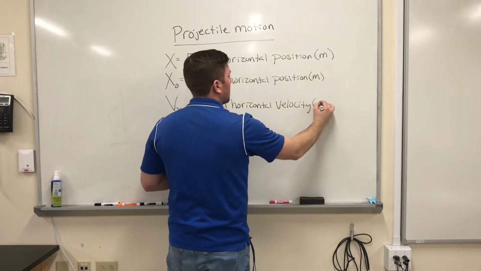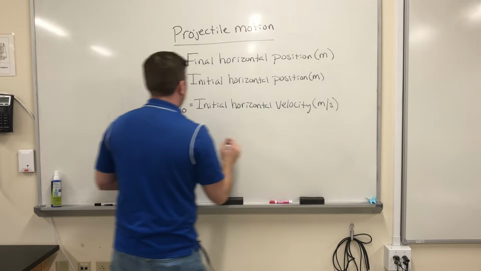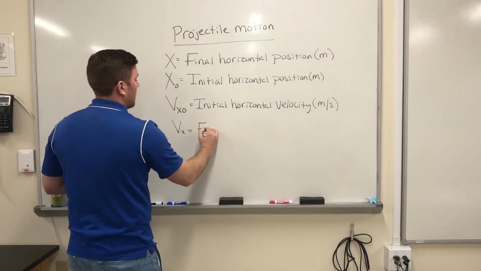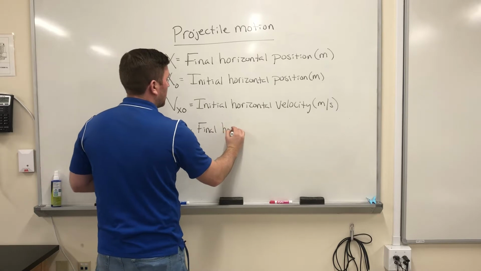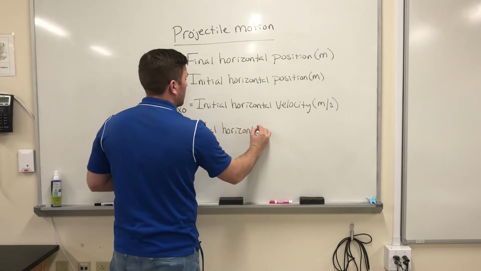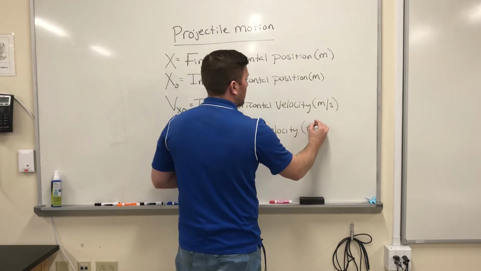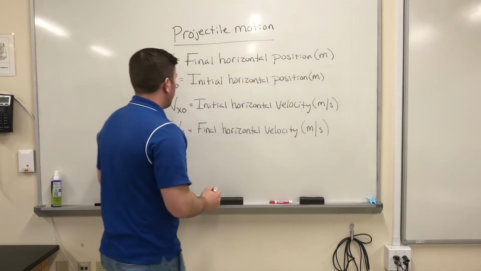And we use the unit of meters per second. Simply having Vx is final horizontal velocity. And again, we use meters per second as our unit.